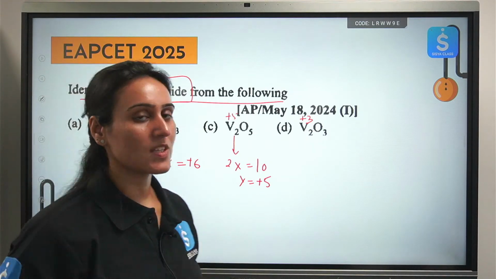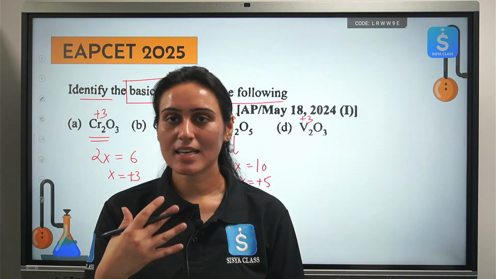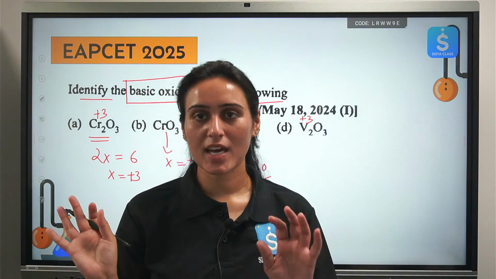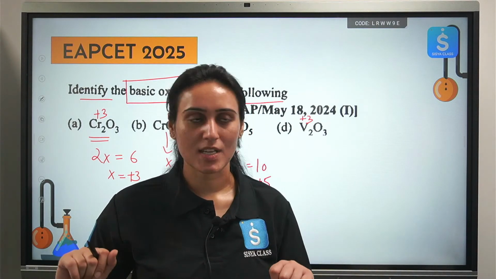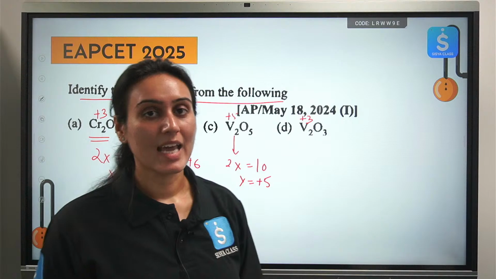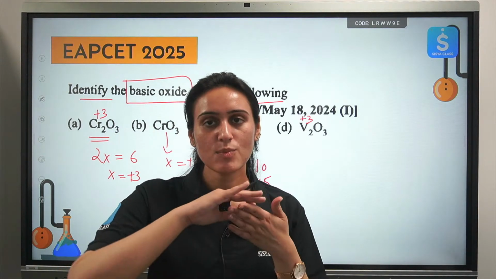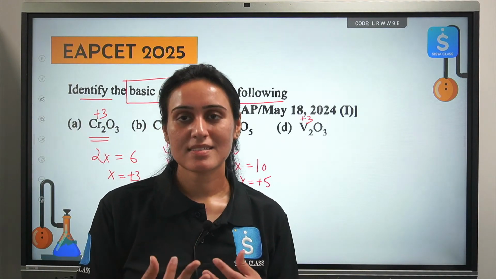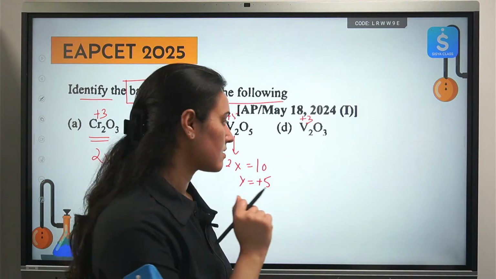As the oxidation number increases, the acidic nature of the oxide increases. So we have to look for the lower oxidation state. But I have two such options with +3 oxidation state. How to compare between them? As we move along the period, the basic nature decreases.